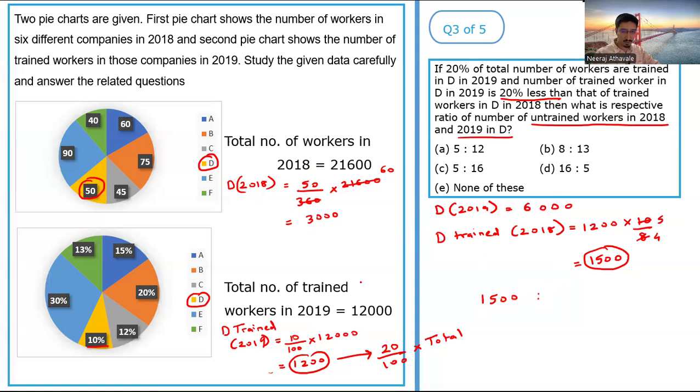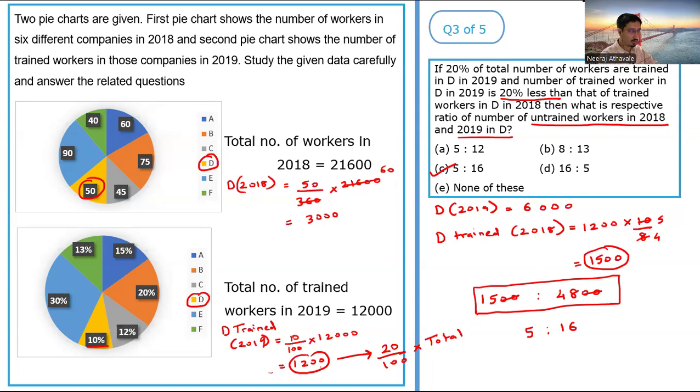In 2019, total workers are 6,000, out of which only 1200 are trained. That means 4,800 are untrained. So this is the required answer. We can reduce it to zeros get cancelled. 15 is to 48. We can divide it by 3. So 5 is to 16. So the answer is option C. Okay.